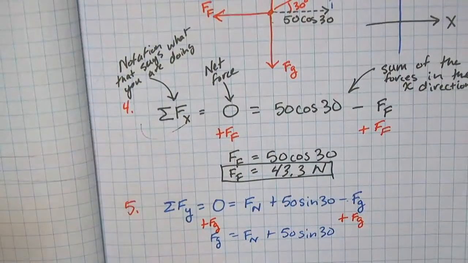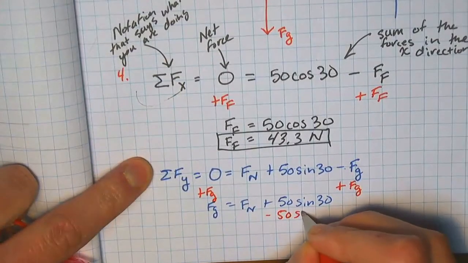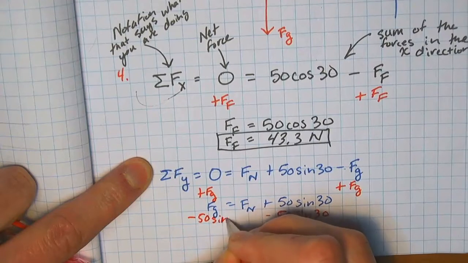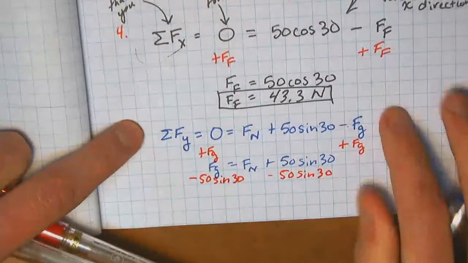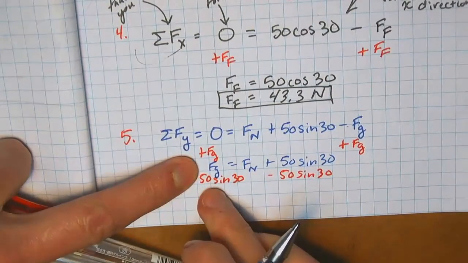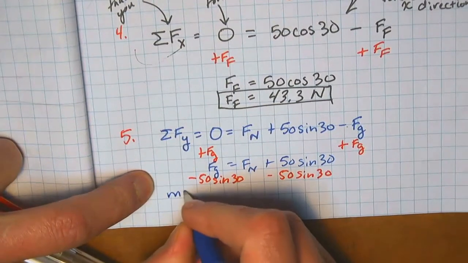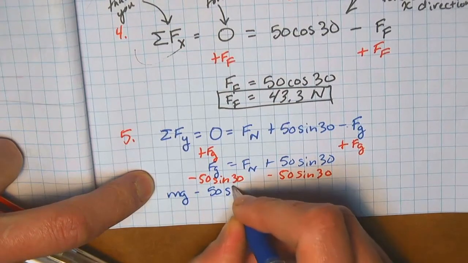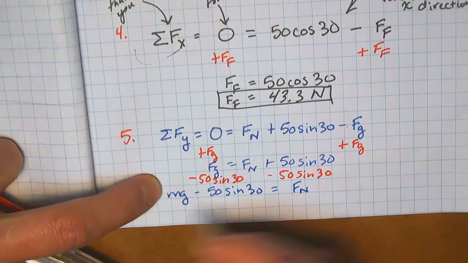We're going to subtract the 50 sine 30 over there. And so that's going to give us, I'm going to switch the force of gravity to be m times g. So m times g, minus 50 sine 30 is equal to the normal force.